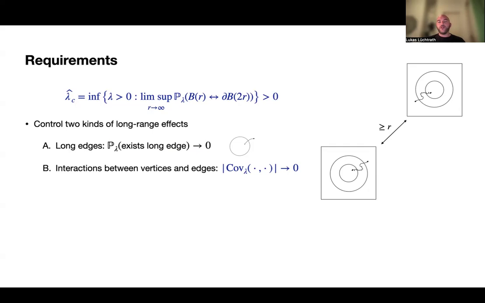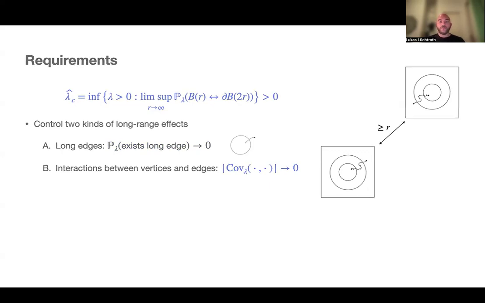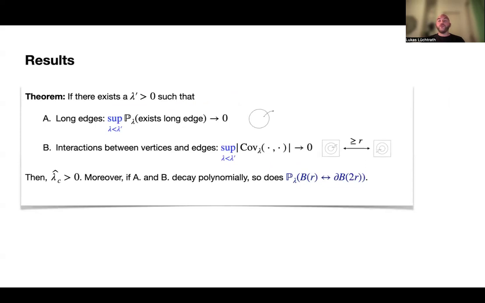So if I increase distance and size, they should become eventually independent in the limit, or in other words, the covariance that both of these events happen should go to 0. And if I have this now actually uniformly for small intensities, then indeed lambda hat c is positive.